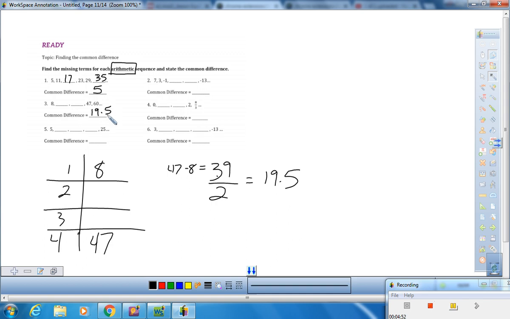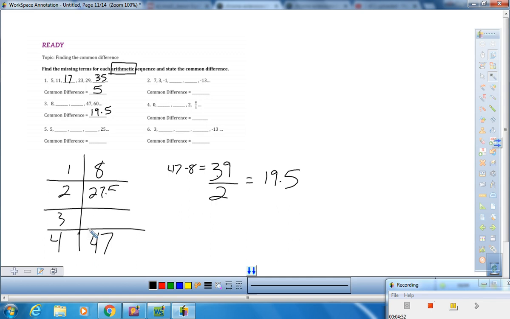19.5. Let's see, what's 8 plus 19.5? That's 27.5. What's 27.5 plus 19.5? And that's 47, but that's not right.